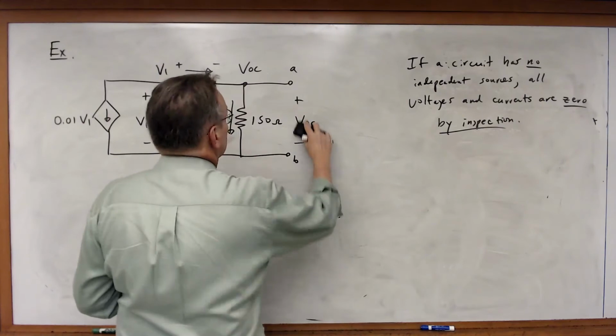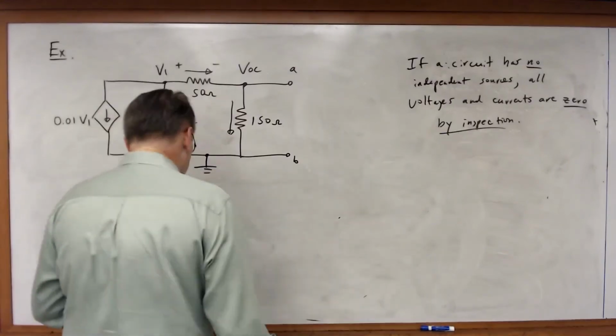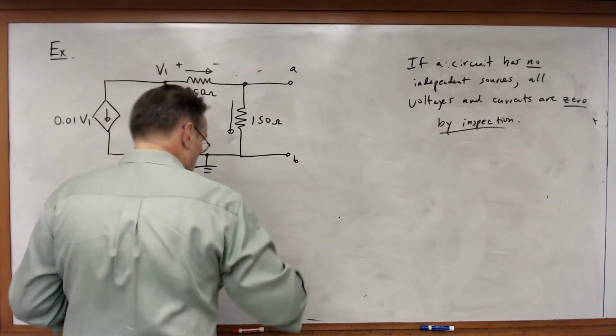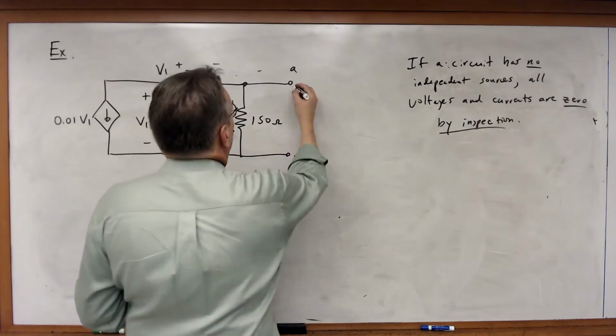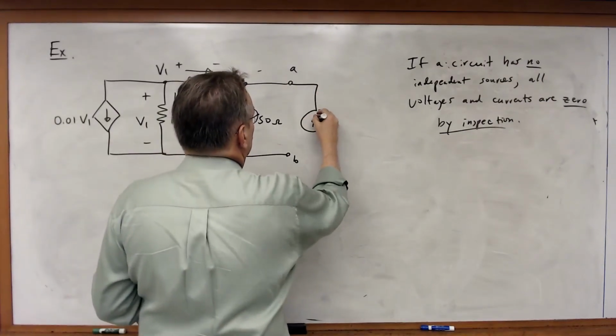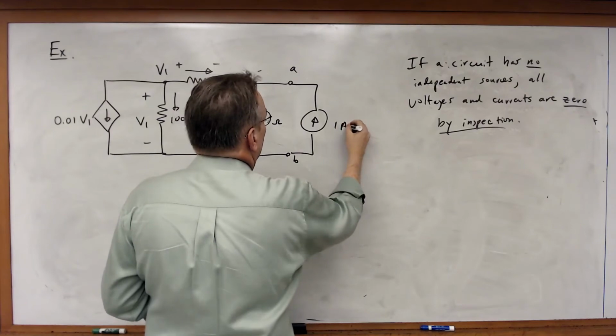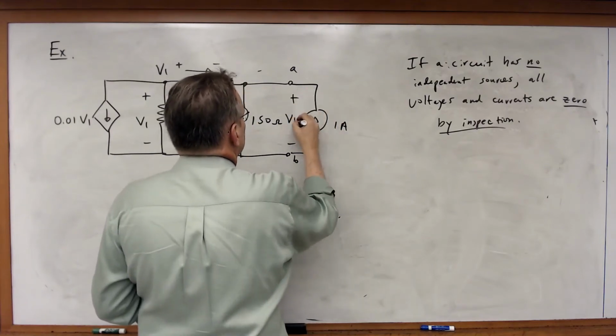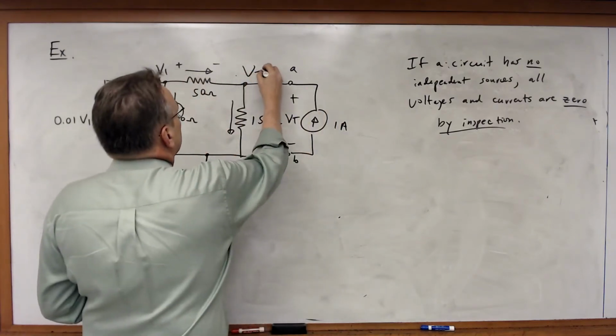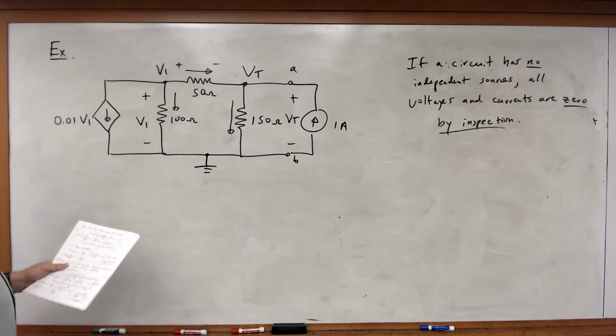So in this case, I'm going to take the exact same circuit and apply a 1 amp external source to it. I want to find VT. Now that node becomes VT in my circuit.